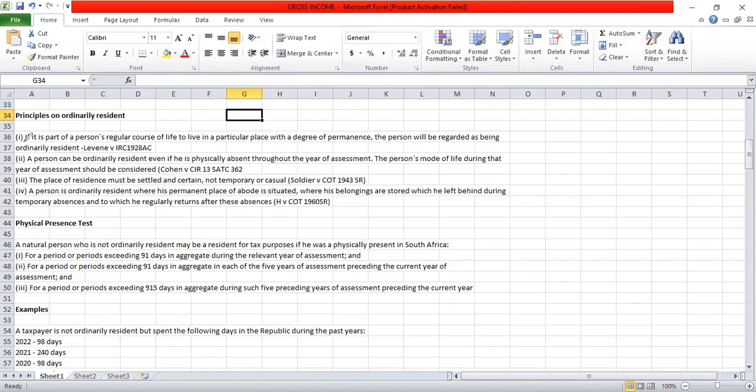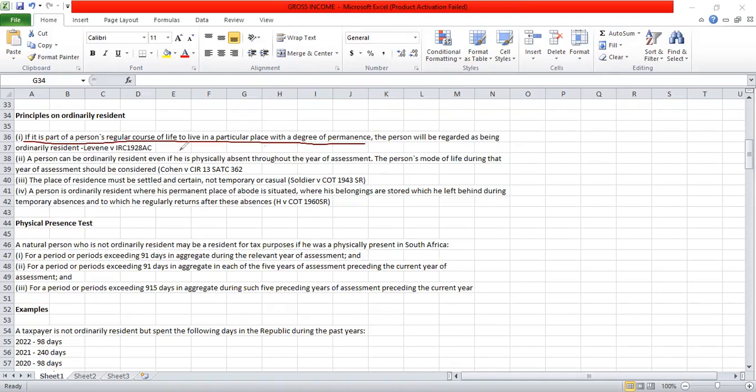If it is a part of a person's regular course of life to live in a particular place with a degree of permanence, the person will be regarded as being ordinarily resident. Those are the cases that I give. There are questions that ask you to give cases. That's why I always refer to these cases, so that when you are asked to refer to them, you can be able to refer to them.